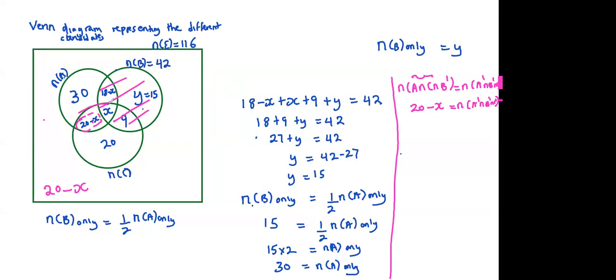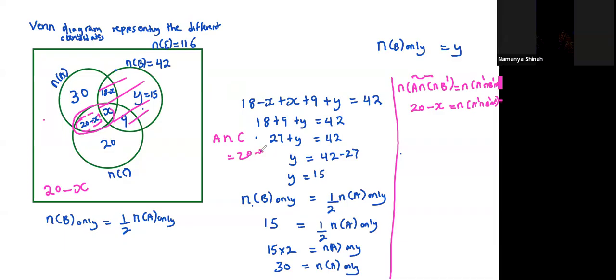So the number here was given as 20. Those who are going to pick A and C was equal to 20. But to get those who are going to tick A and C only, you subtract this intersection of x. Okay. Thank you. Okay. All right.